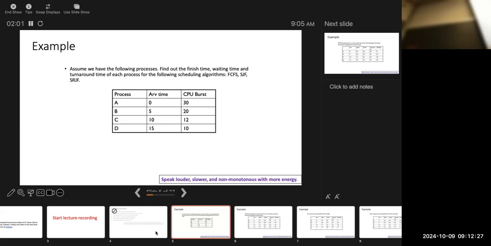Okay? You can do the same thing, let's say for D, it got completed at 72 and it arrived at 15, right? So 72 minus 15 is 57, right? You can do the remaining ones too.